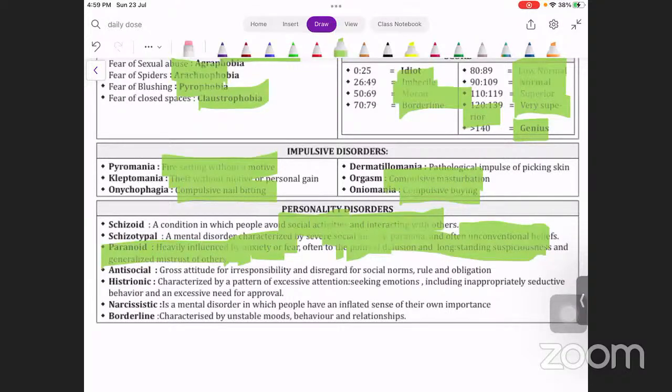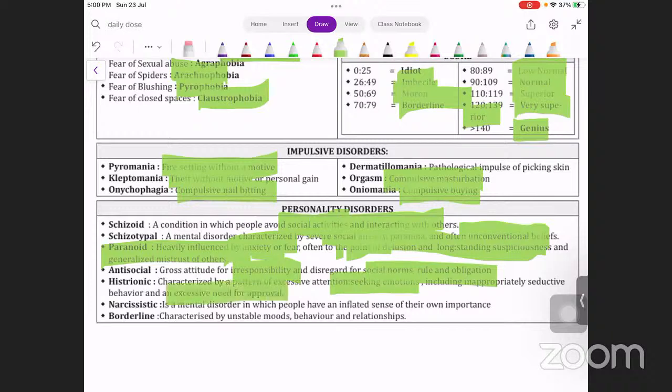Antisocial is a gross attitude of irresponsibility and disregard for social norms, rules, and obligations. Histrionic is a pattern of excessive attention-seeking emotions, including inappropriately seductive behavior and an excessive need for approval.